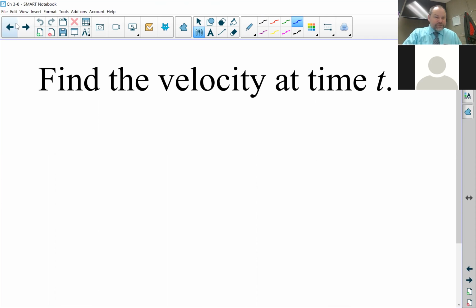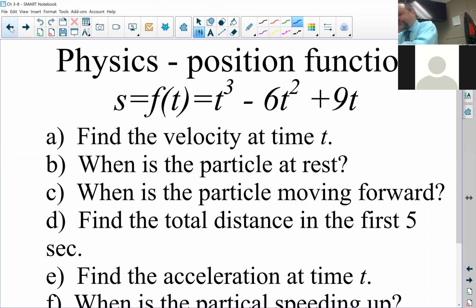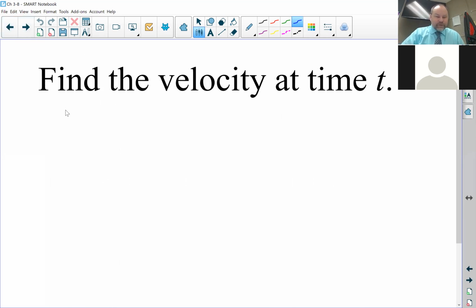So we are going to get started by finding the velocity. And to find the velocity, I've already forgotten what our function is. Velocity at any time t is simply the derivative of the position function.